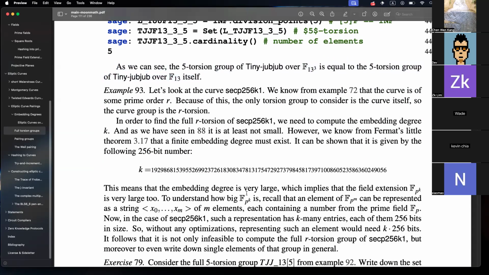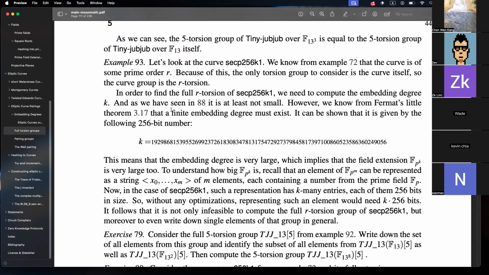And here, in regards to embedding degrees, to find the r-torsion you need to compute the embedding degree, and you can't compute the r-torsion for secp256k1 because the embedding degree is way too huge.